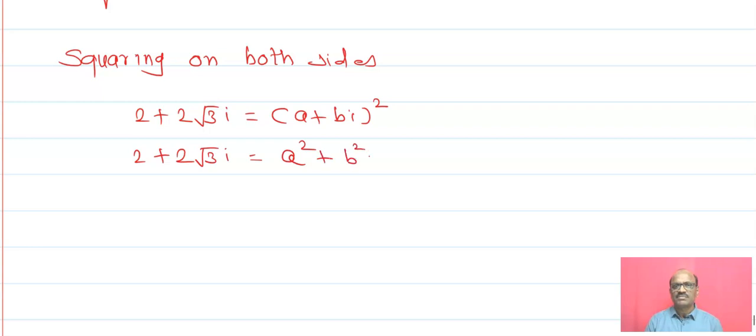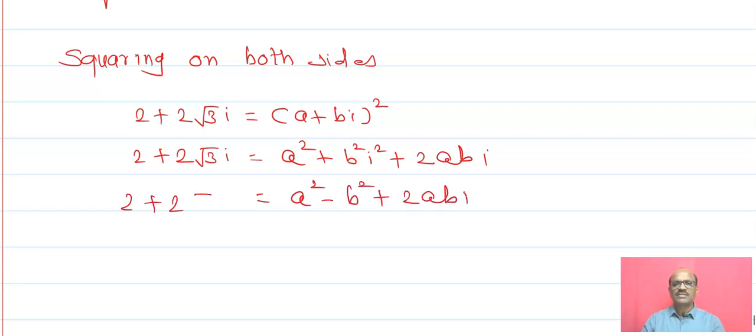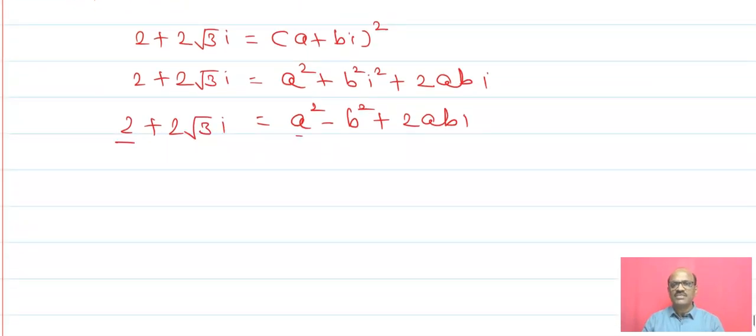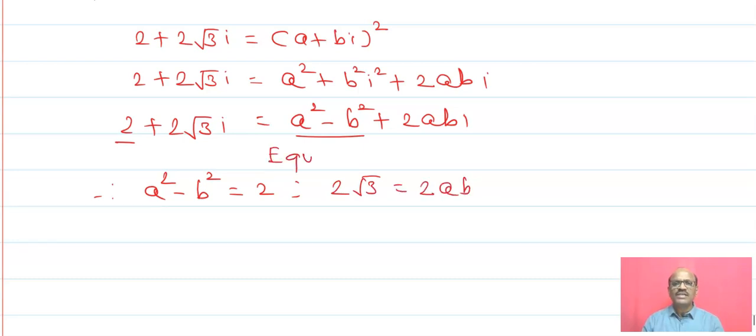Therefore a square plus b square i square plus 2abi. i square is minus 1. That is, 2 plus 2 root 3i is equal to a square minus b square plus 2abi. a square minus b square is equal to 2, and 2 root 3 is equal to 2ab. 2 get cancelled.